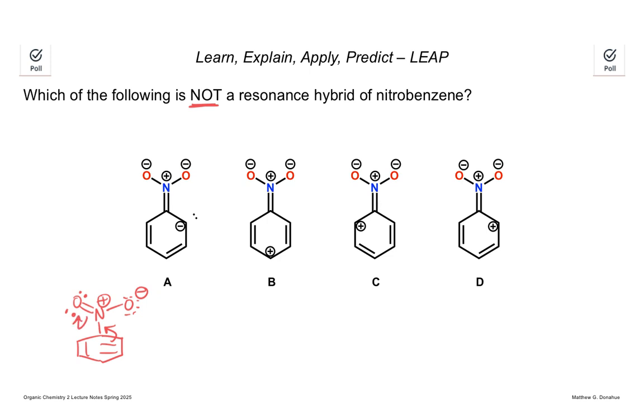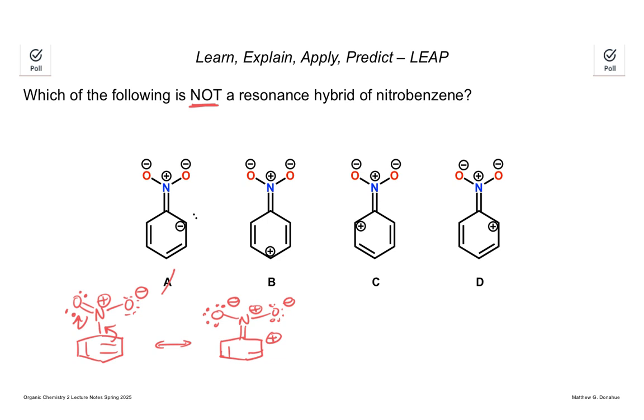Before I draw the structure, what charge is that going to place inside the ring? A positive charge. So if we look at the possible answers, A has a negative charge, so that has to be wrong. That positive charge ends up right next door to the nitrogen. So that position is plus.